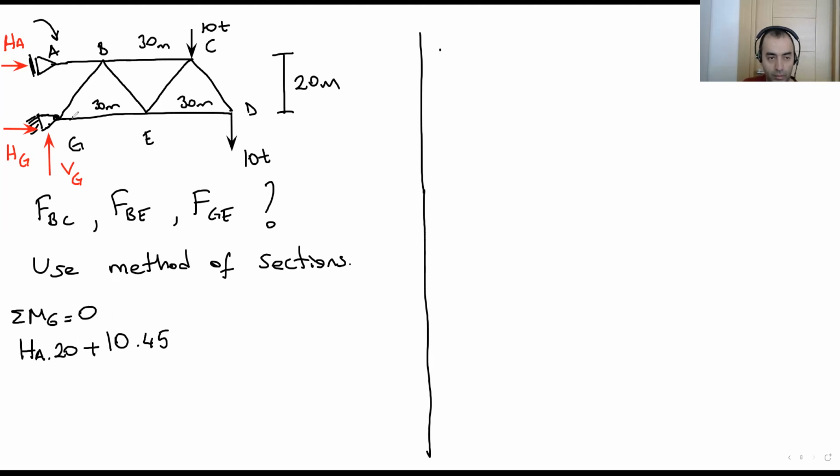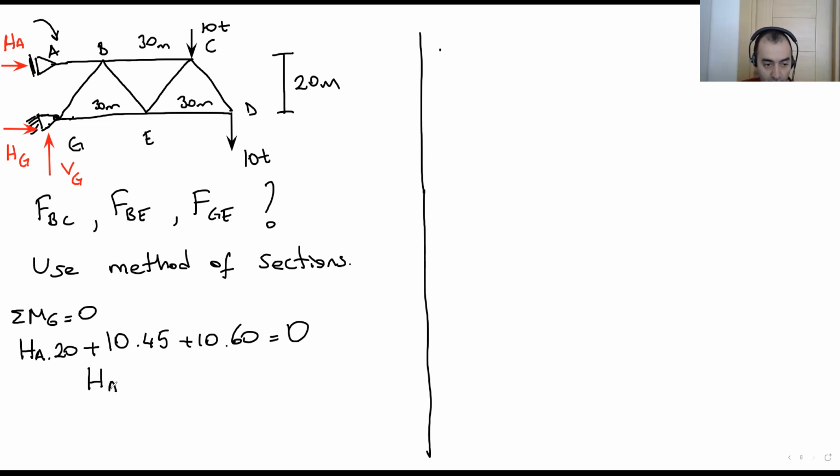Okay, 30 plus 15, and plus 10 times 60 equals 0. Let me make this calculation with my calculator. This one plus this one equals 20. Yes.